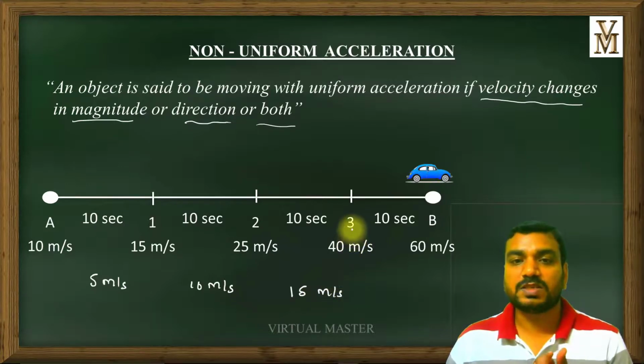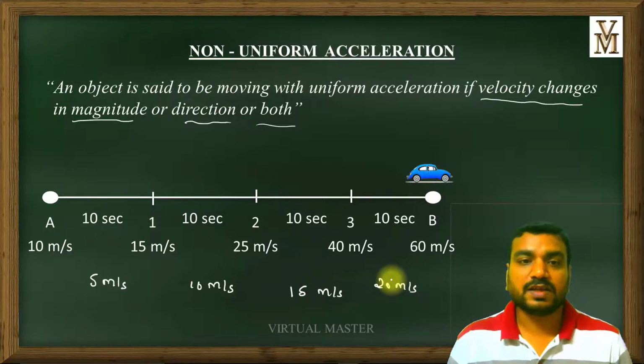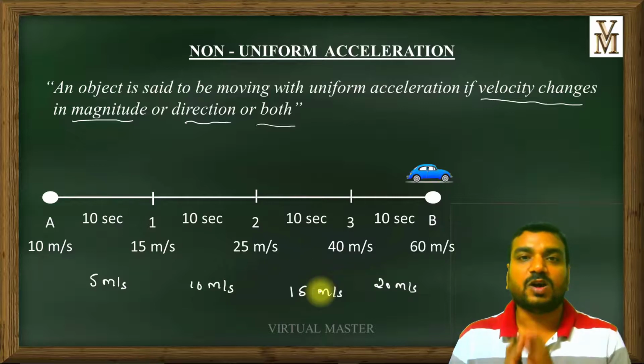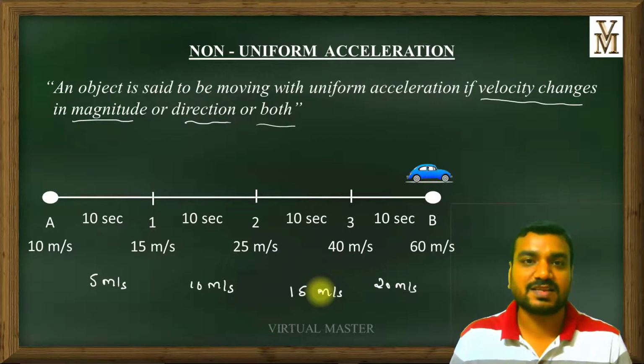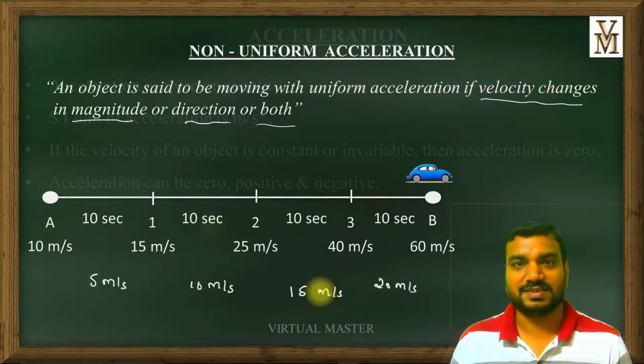And the change in the velocity between point 3 and point B is 20 meters per second. So you can observe here that the magnitude of the velocity of the object is changing. So we can say that the object is having the non-uniform acceleration. Here in this case, the car is having the non-uniform acceleration. Okay, I hope everyone has understood the concept of non-uniform acceleration.